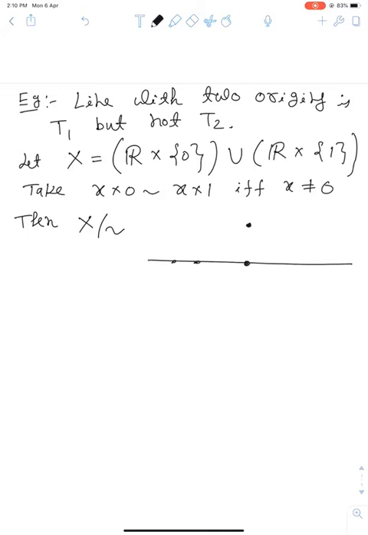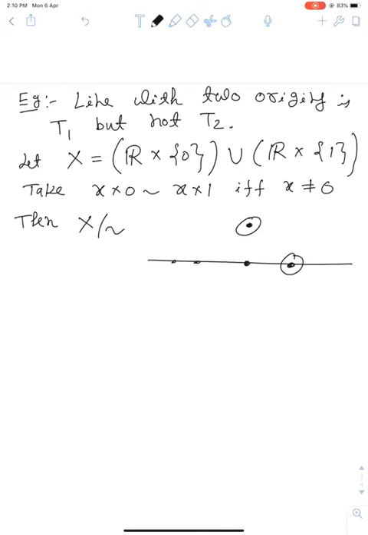If we choose one origin and another point, then also we can get two disjoint open sets which contain them. That means this topological space is T1.